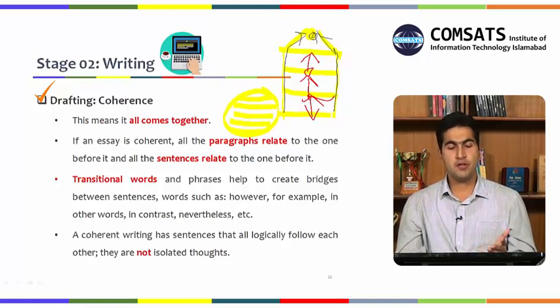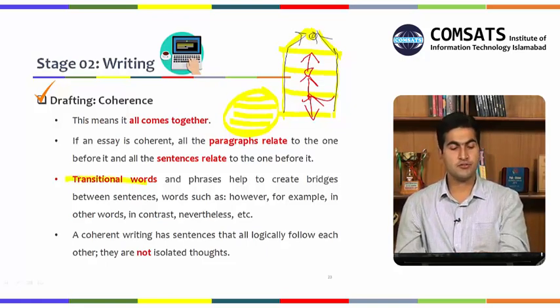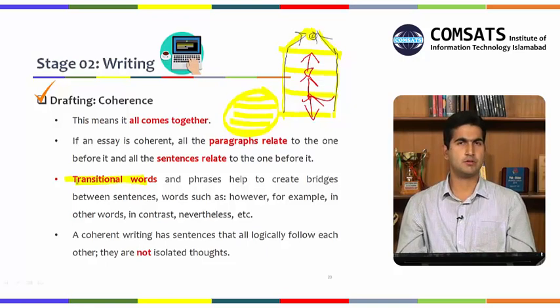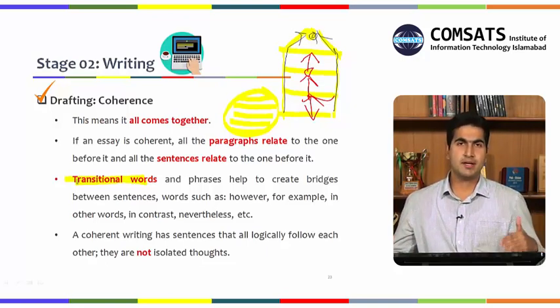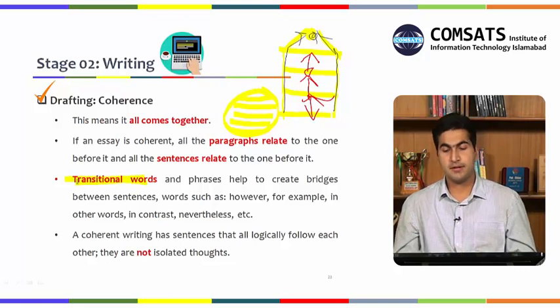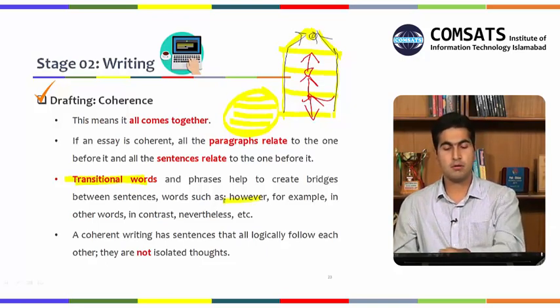A strategy to use is the application of transitional words. If I asked you, do you remember the transitional words that we talked about in the previous lectures? These were the ones basically used to connect a sentence to a sentence. For example, however, in other words, in contrast, nevertheless.